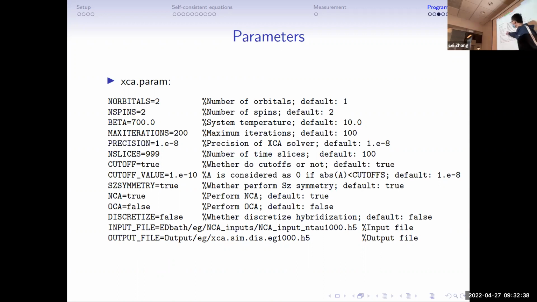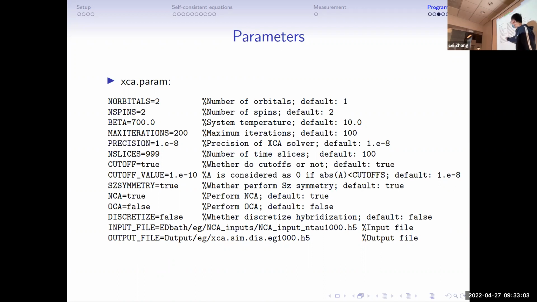This option determines whether we need to do the cutoff or not. And this one is whether we choose to detect the SC symmetry. If we say it's true, it will detect the SC symmetry. If the SC symmetry is not conserved, then the code will stop and give a warning.